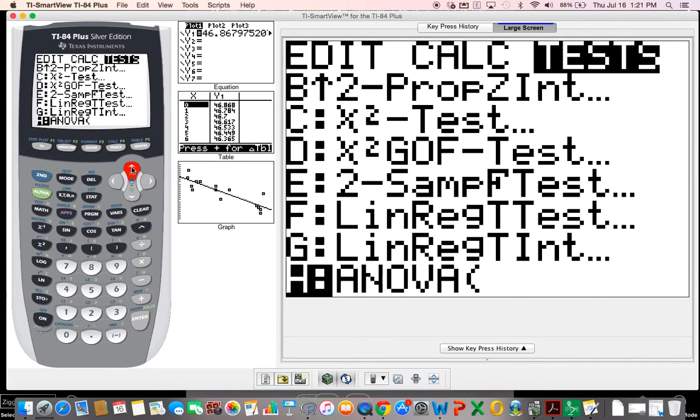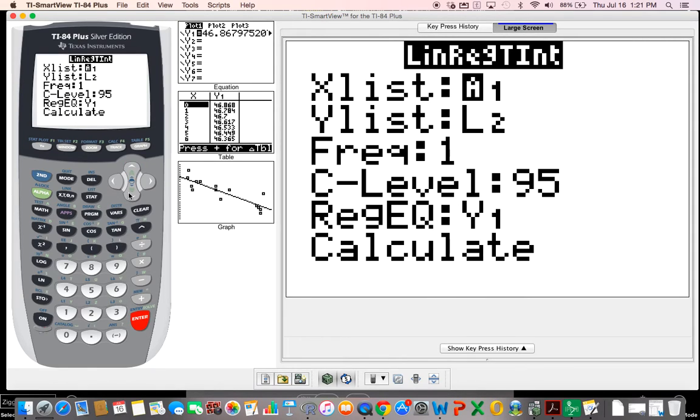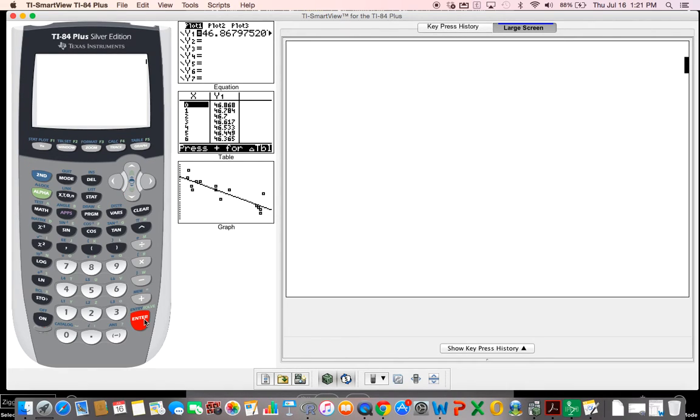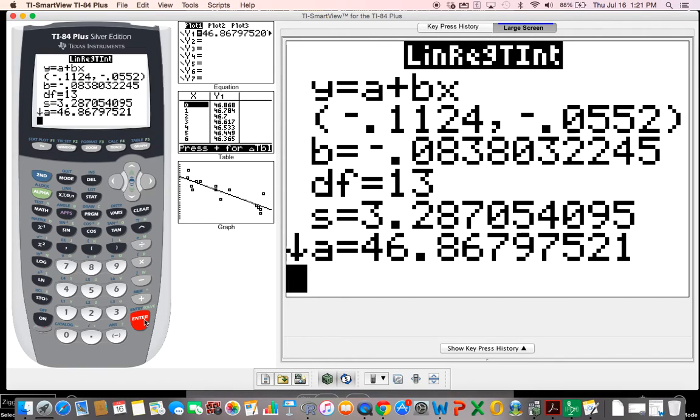So guys, if I come over here and go into linear regression t interval, I can set my confidence level just like we've done previously. And it's going to give me a, wait a minute.